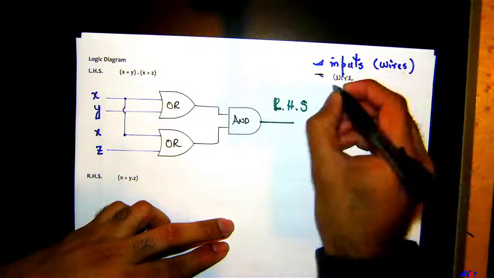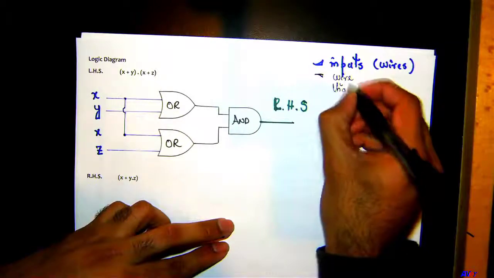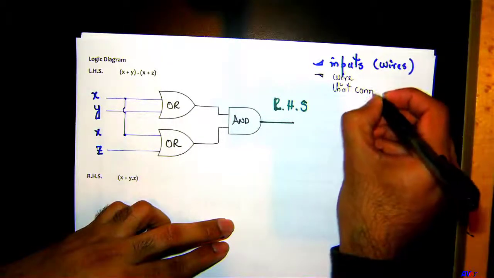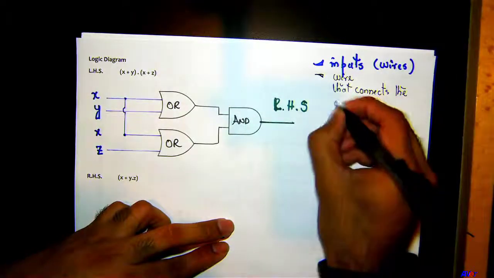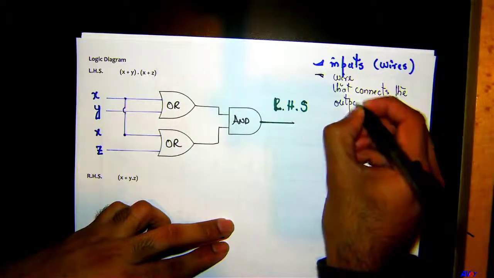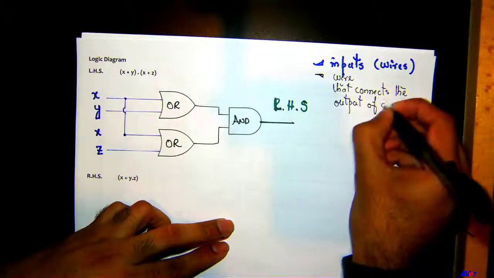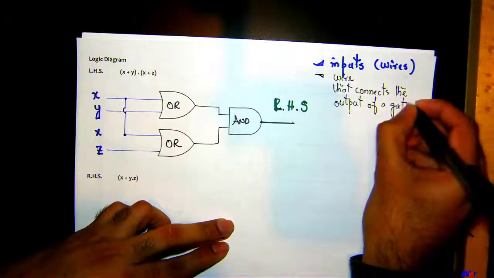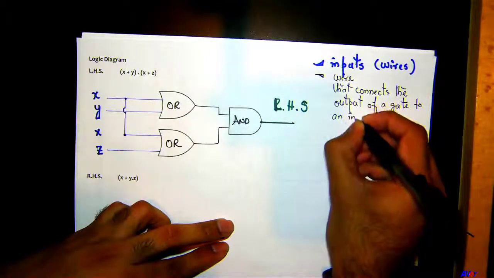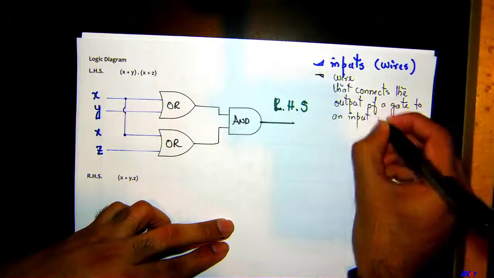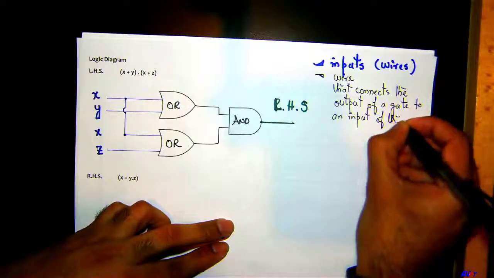A wire is something that connects the output of a gate to an input of the another gate.